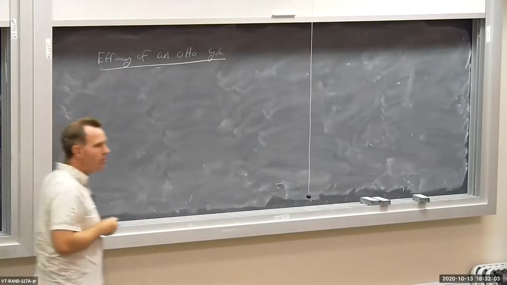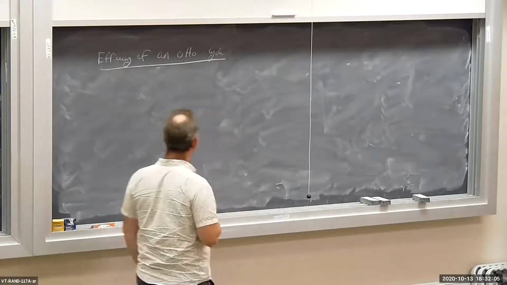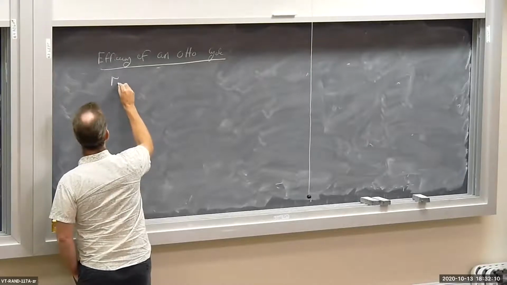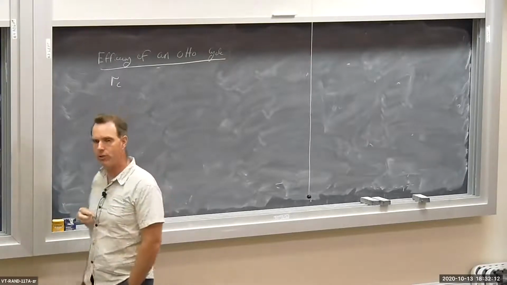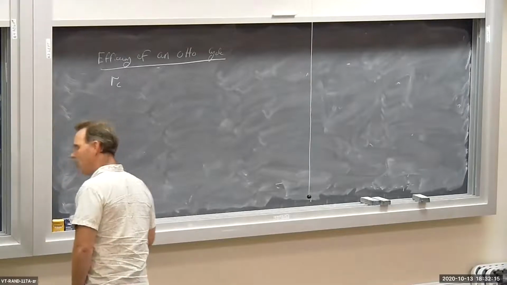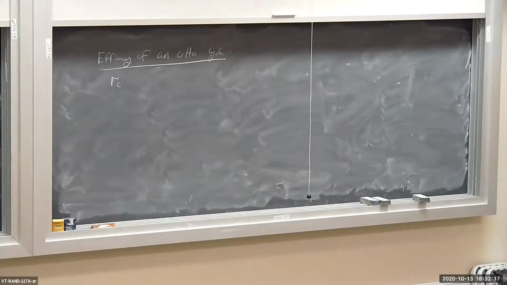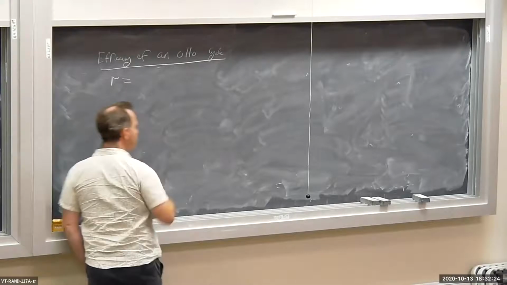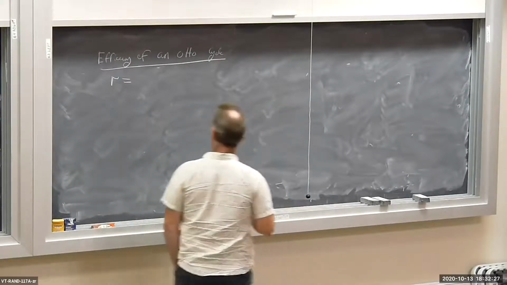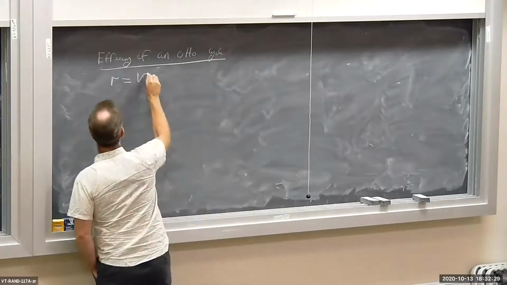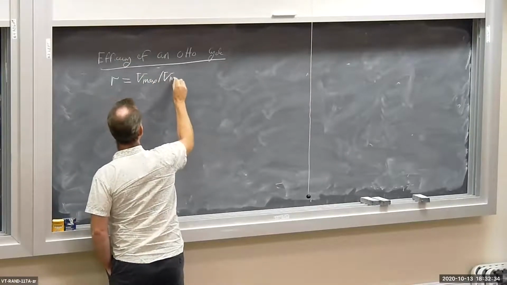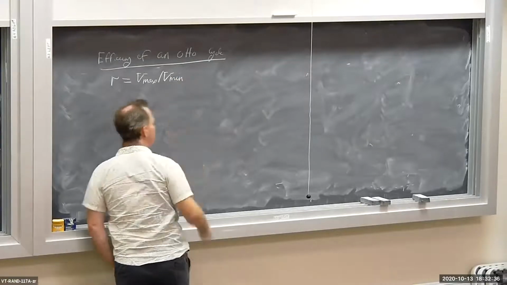Now, first of all, let's define a quantity before we get started. R is called the compression ratio. It's the ratio of the minimum to the maximum volume in the cycle.